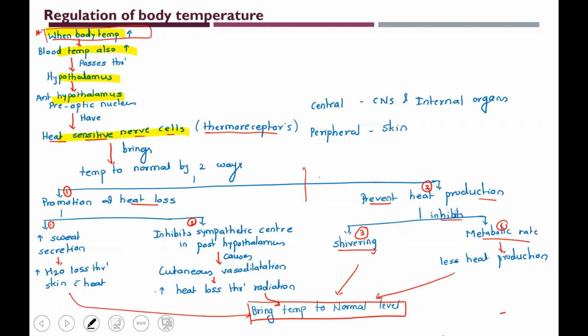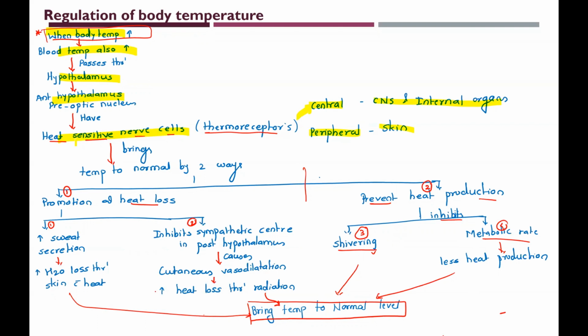Okay, one thing I forgot to mention here. There are 2 types of thermoreceptors. First is the central and second is the peripheral. So central receptors will be receiving impulses from the CNS and all internal organs, and peripheral receptors will be receiving impulses from the skin. Okay. So coming back to the thermoreceptors on the anterior hypothalamus.